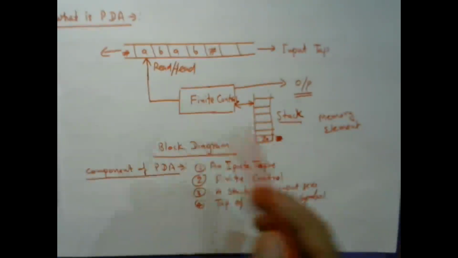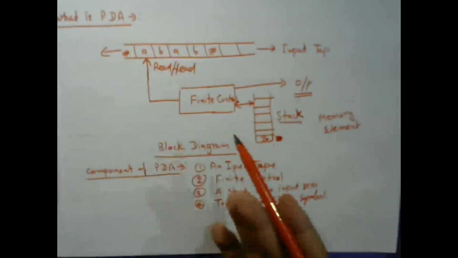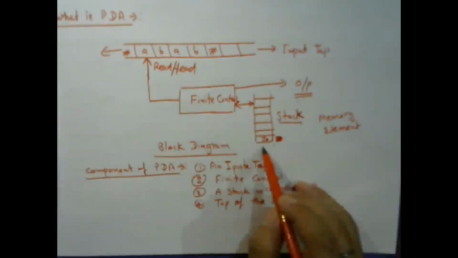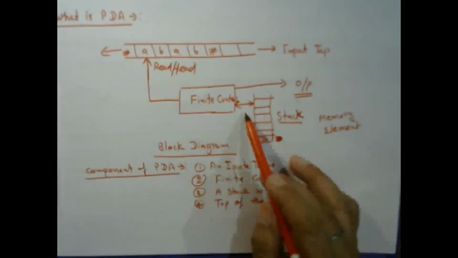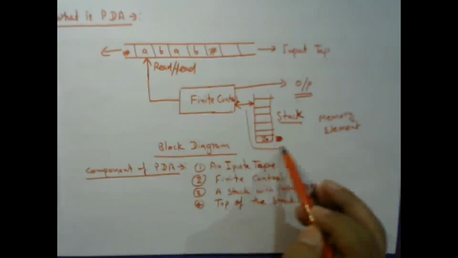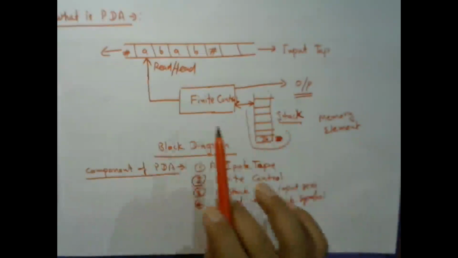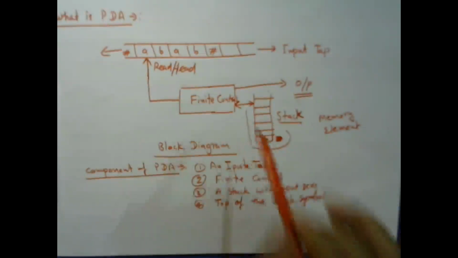And between the finite automata and the pushdown automata, there is only the difference of this stack. If you use the additional component stack with a finite automata, then it can be defined as a PDA.